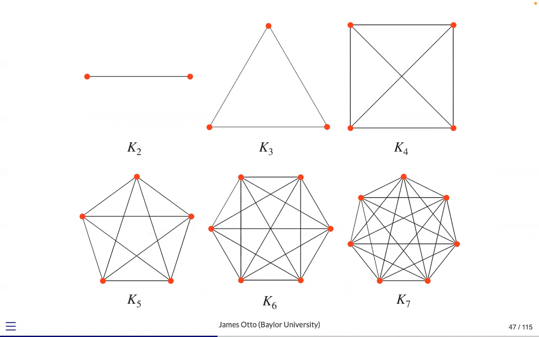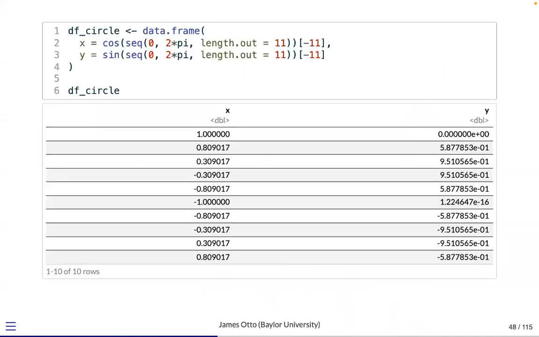To illustrate the process of creating a complete graph in ggplot, we're going to have a circle. So we're going to have X and Y, which are 10 points along the perimeter of the unit circle.